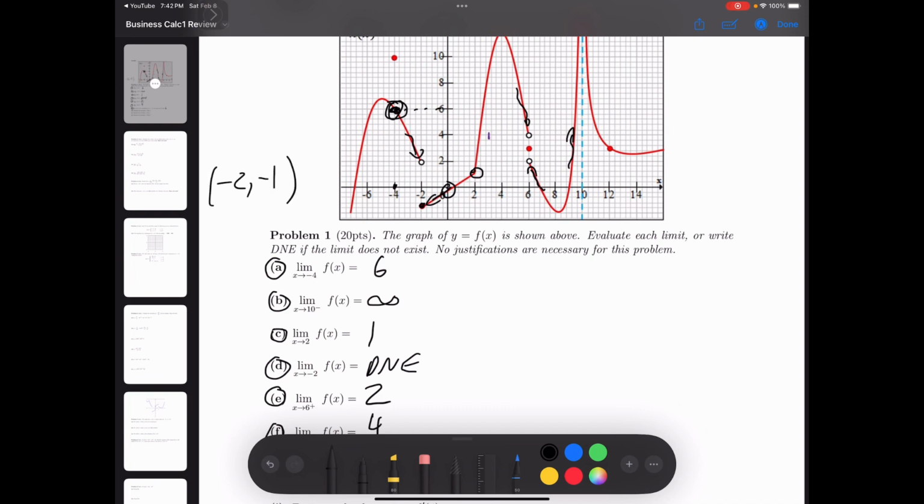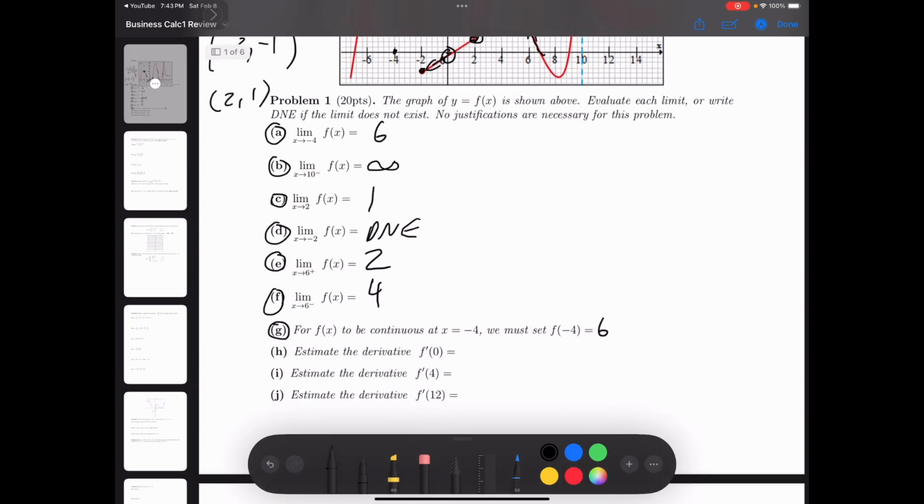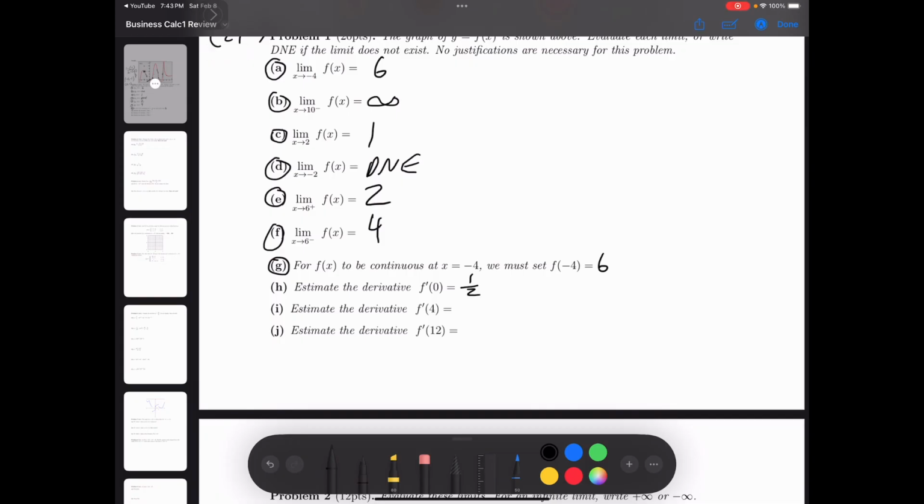When we're at 2, we're at 1, so we have the point 2, 1. To find the slope real quick, we have y2 minus y1 over x2 minus x1. 1 minus -1 is 2. This is equal to 2 over 2 minus -2, which is 4. We're at 1/2 or 2/4. So our slope is a half.